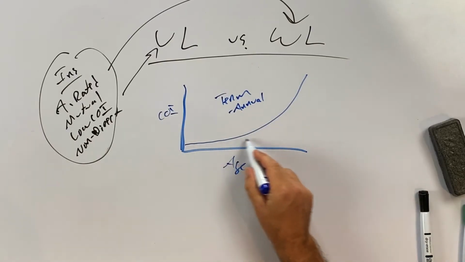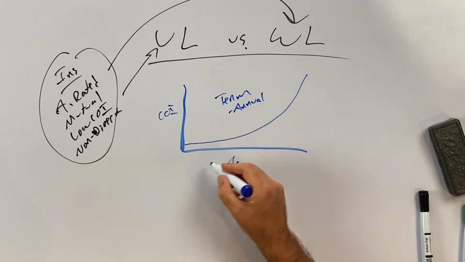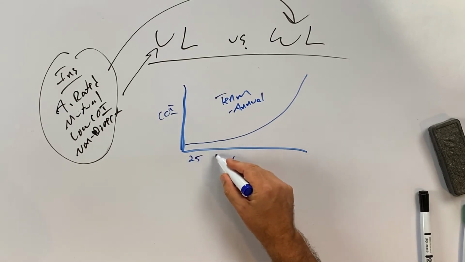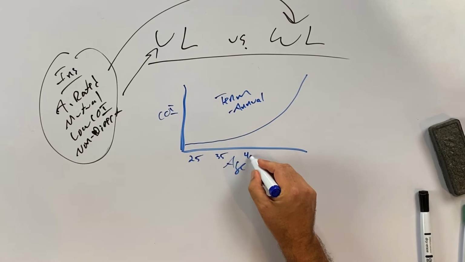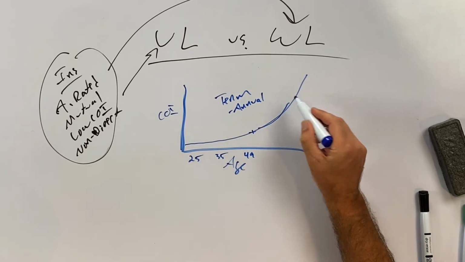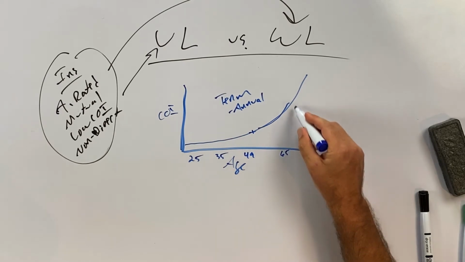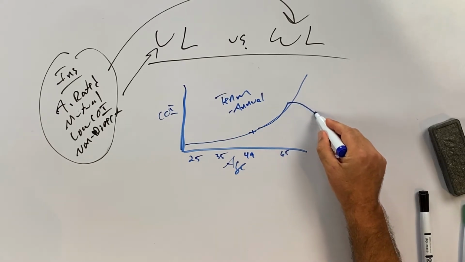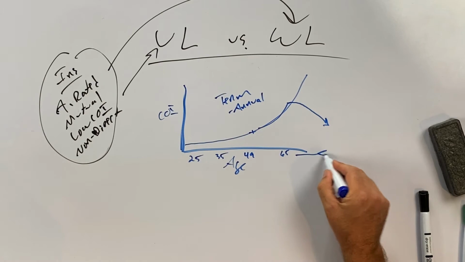As you know, when you're young and healthy, term insurance is super cheap. So if you get this at 25 or 35, and heck, even at my age, 49, these term policies aren't that expensive. But once you get up to the top of the mountain, say 65 or 70, and you begin to use this policy coming down, your internal cost continues to rise every year. You have an increasing cost internally.